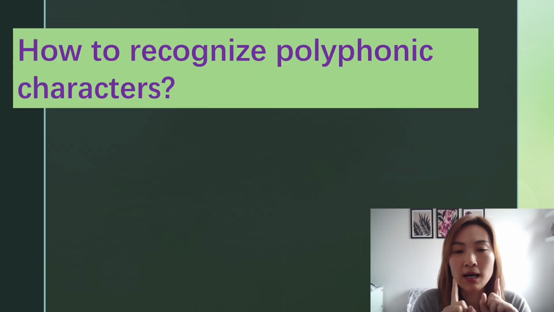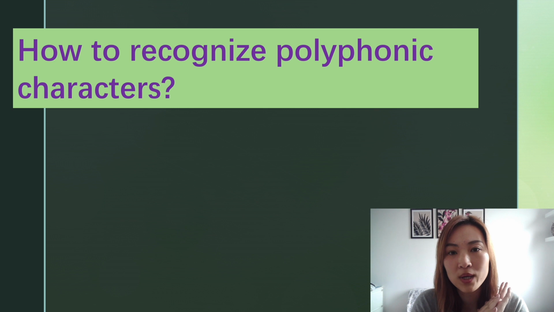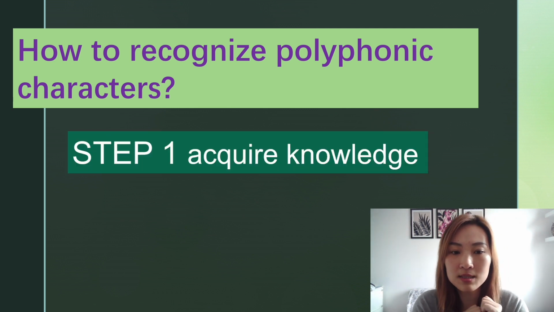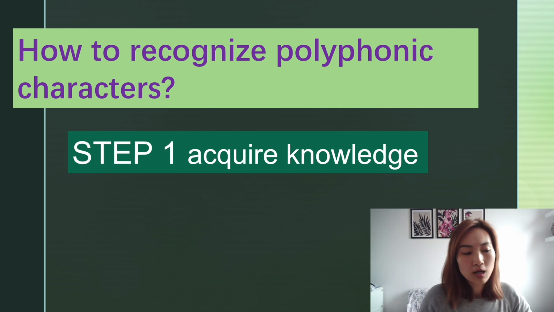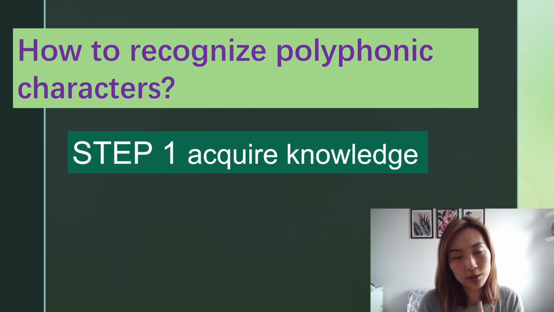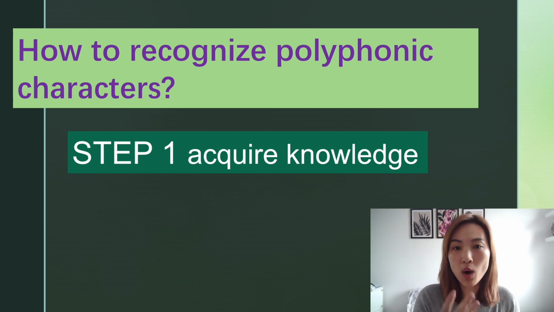So again, our topic is about polyphonic characters. In Chinese, we say 多音字. And the first step is when you acquire the knowledge. Okay, what does it mean? So, when you learn a vocabulary, you not only learn the one vocabulary, you really have to know, oh, what is it?